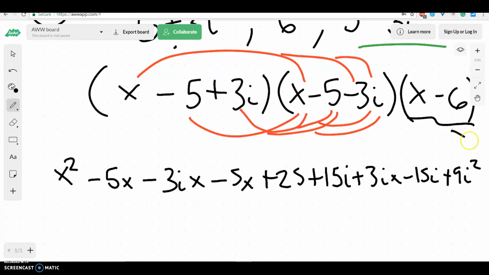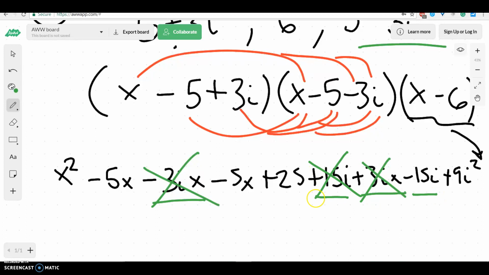And I haven't forgotten about this term. It's down there with it, but we have to deal with all of these terms first. So let's see what's going to cancel. That's a negative 3i, and that's a positive 3i, so that goes away. That's a positive 15i, and that's a negative 15i, so that goes away.